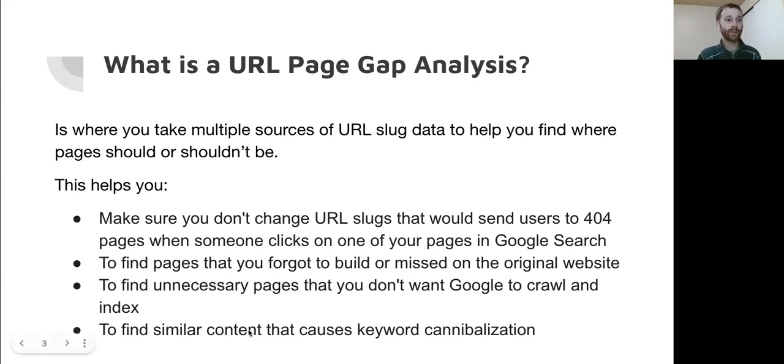And also to find similar content that causes keyword cannibalization. And let me go ahead and define what keyword cannibalization is. So this isn't going to be a big focus on this presentation, but I'll go ahead and touch on it. So if you have two service pages that are very similar, let's say, boy, I should have come right with an example here.